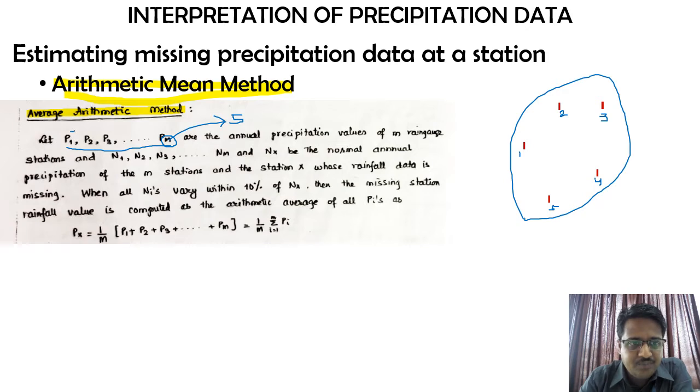Now this P1, P2, P3, what is this P indicating? Basically, annual precipitation values.